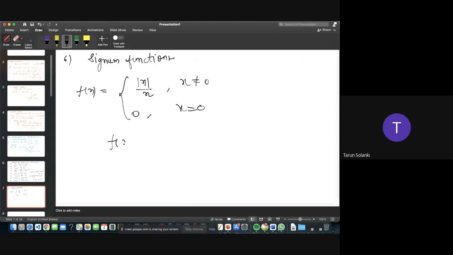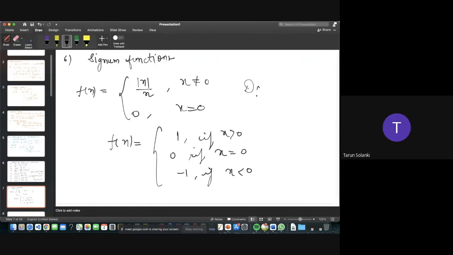Or we can write it as 1 if x is greater than 0, 0 if x is equal to 0, and -1 if x is less than 0. So this is called the signum function, and the domain will be R. The range of the function will be -1, 0, and 1. Okay.